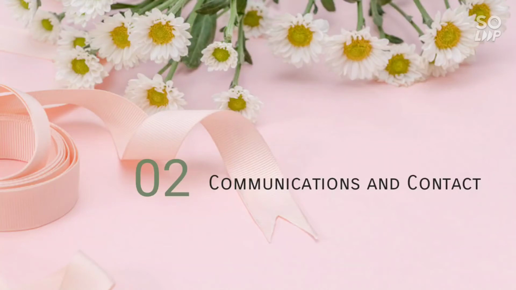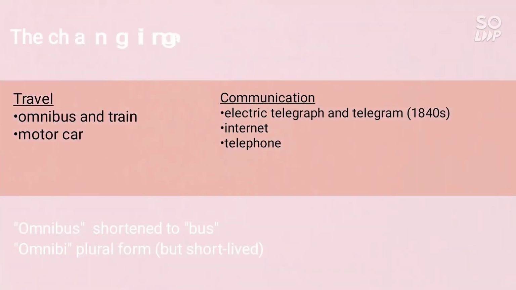Next topic, communications and contact. While the horse-drawn cab continued in use, new words such as omnibus and train confirmed the changing nature of communication and travel. In travel, there were new inventions of train, omnibus, and motor car.